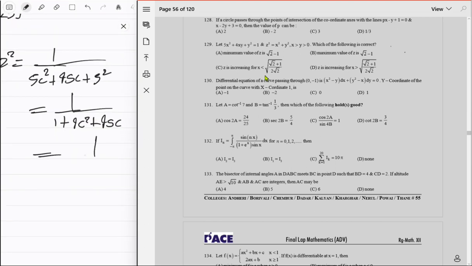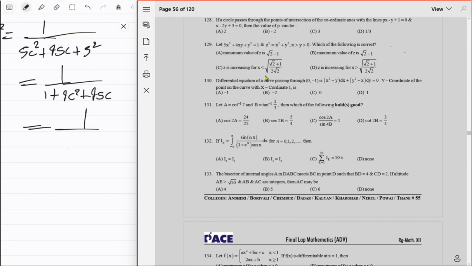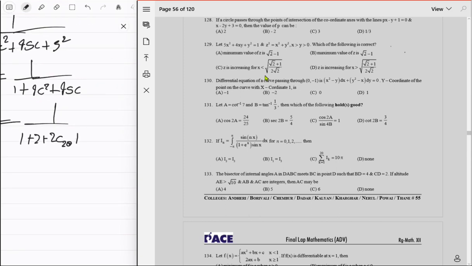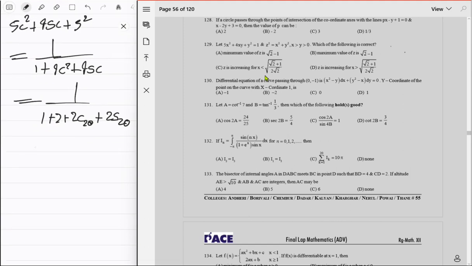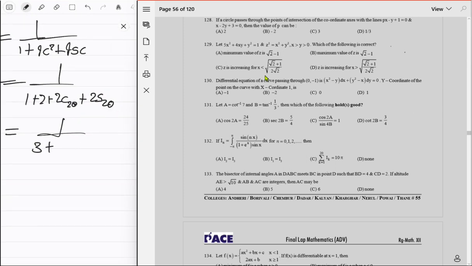You can write it like this: 1 upon 1 + 2cos2θ + 2sin2θ, where 2θ belongs to 0 to π. So this is 1 upon 3 + 2√2 sin(2θ + π/4).